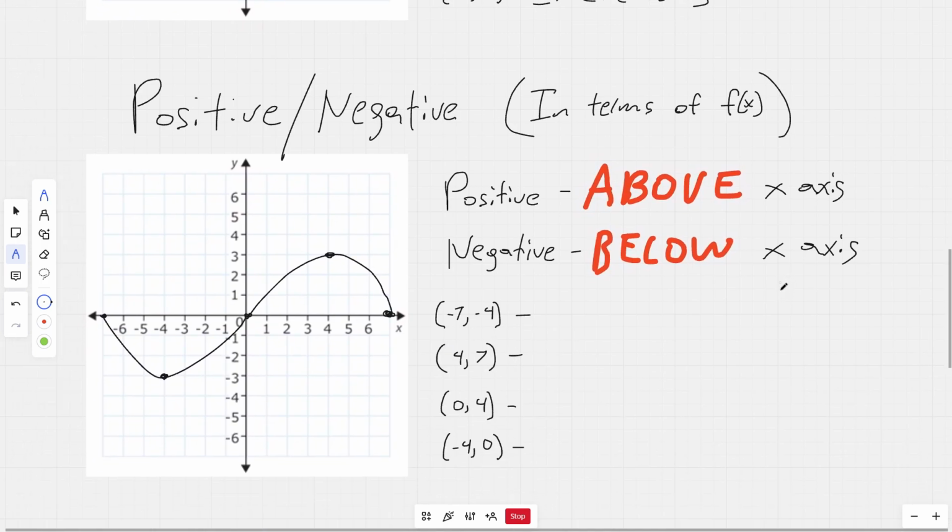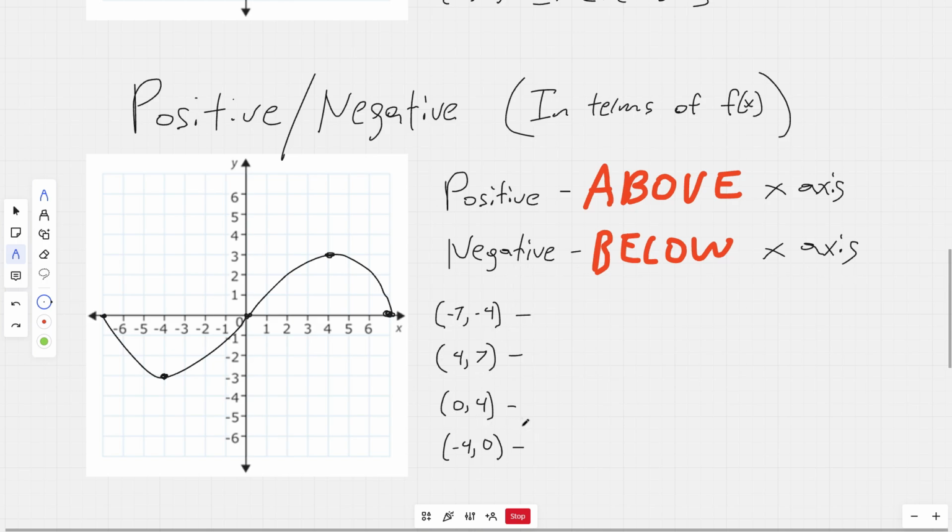Next thing we're going to cover is positive and negative. Again, in terms of f of x. I love word problems in math. I love reading comprehension in my math class. Positive, in terms of the function, in terms of the y value, is above the x-axis, and negative is below. Very, very simple.